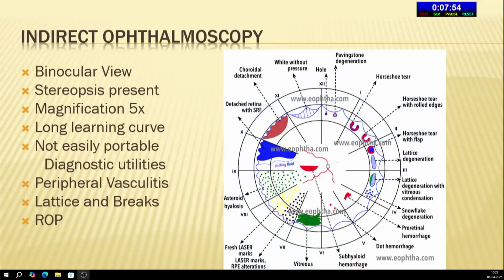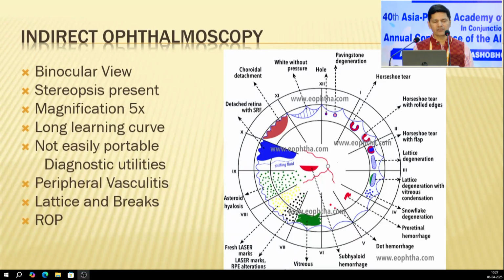Then indirect ophthalmoscopy, the advantage is it has a binocular view, so stereopsis is present, but the magnification is lower than the direct ophthalmoscope, only 5x. It has a slightly long learning curve in comparison to the direct ophthalmoscope, and it is not easily portable, because it is to be attached with an electric connection, even if it is battery operated, it is a big box, not easy to carry to the wards.